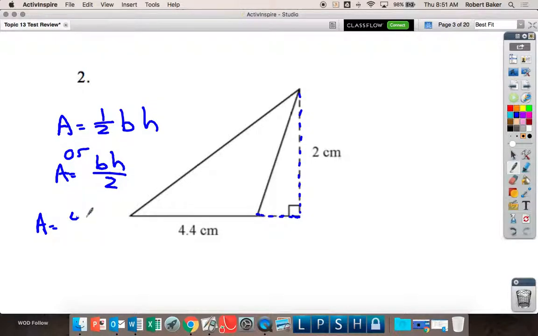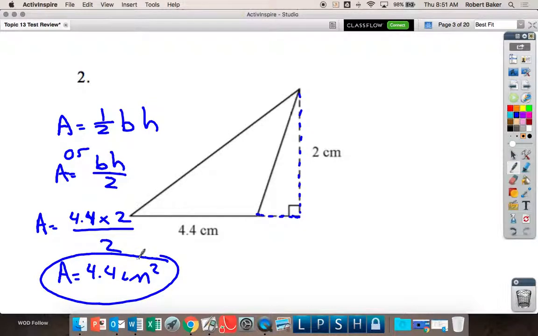4.4. Base times height divided by 2. So 4.4 times 2 divided by 2 is 4.4 centimeters squared.